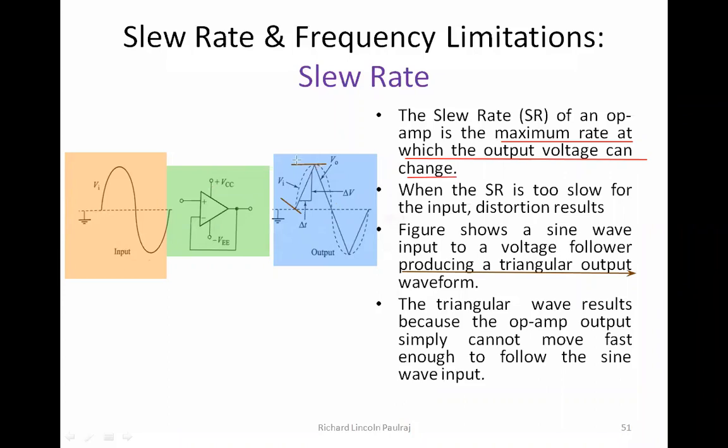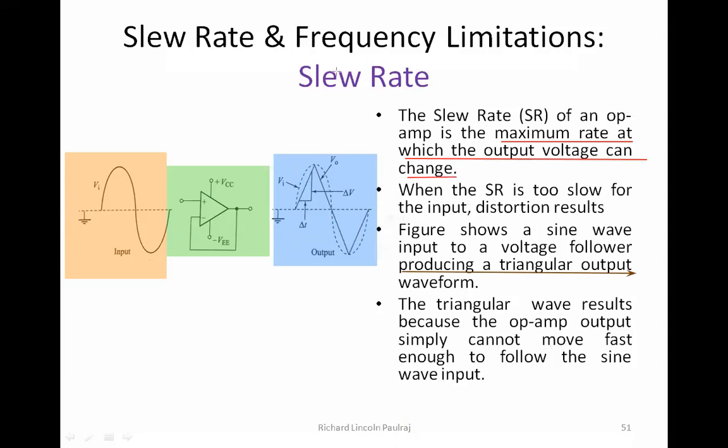Assume that you have a dot here and another dot here; these two dots are just connected. That's how your circuit works. Then it comes down, crosses the zero line, goes to the maximum negative that it can, and then again crosses this and goes on. So the triangular wave results.